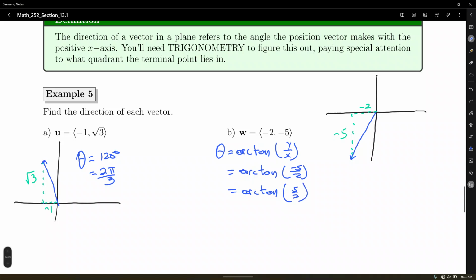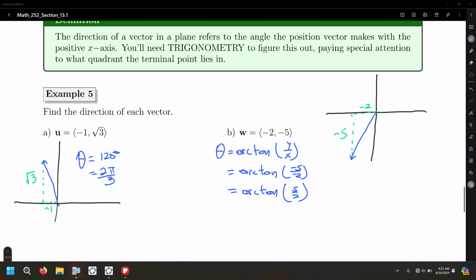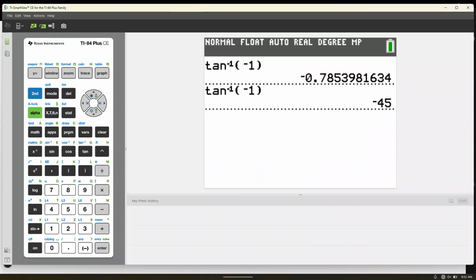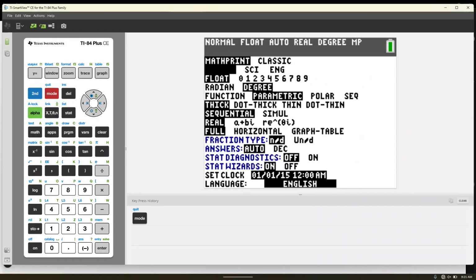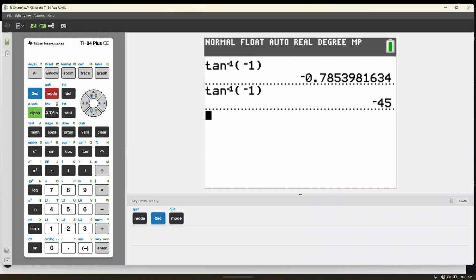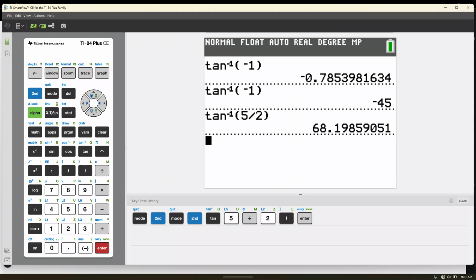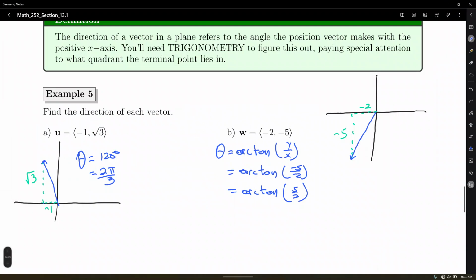If you use your calculator, let me go to degree mode. Let me check the mode. Oh yes, I'm already in degrees. So arctan of 5 over 2, close parentheses, and that gives me an acute angle, a number between 0 and 90 degrees: 68.19.